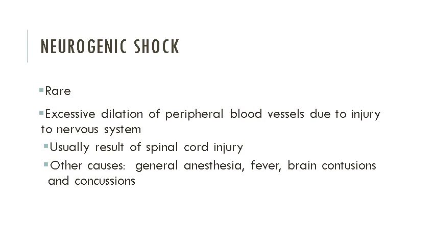This type of shock usually results after a spinal cord injury. Other causes could be general anesthesia, fever, brain contusions and concussions. So usually when the spinal cord is involved, that's when this type of shock happens.